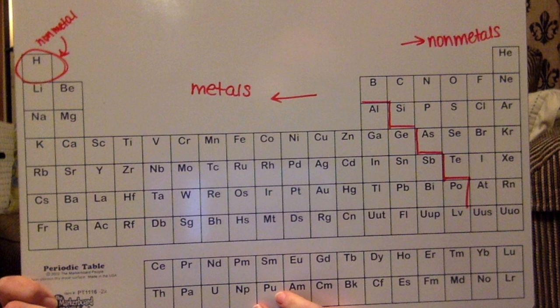Hydrogen, even though it's over on the metal side, it is a nonmetal, so don't forget that. Also, don't forget that it's even more of an exception because it's in group 1A. Remember, group 1A are the alkali metals, but we don't want to say that hydrogen's an alkali metal because it's a nonmetal actually. All right, so just don't forget that.